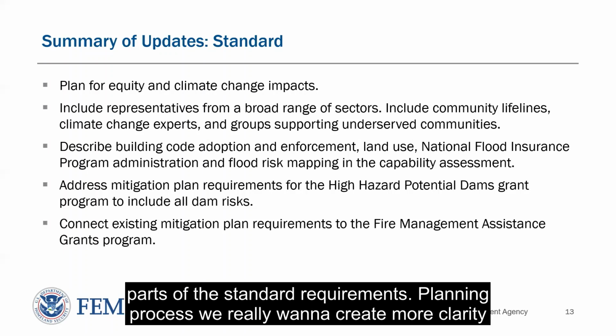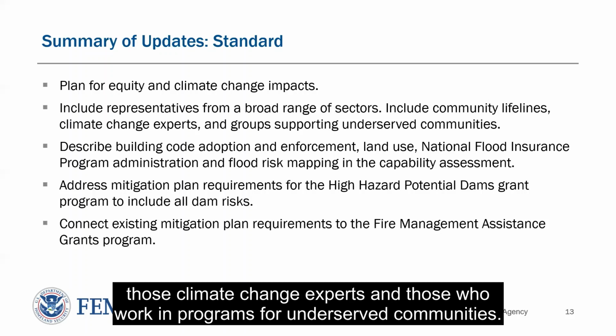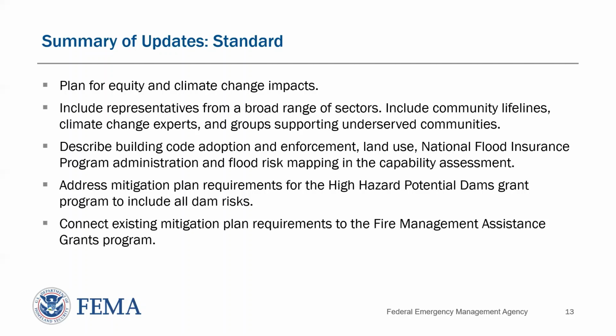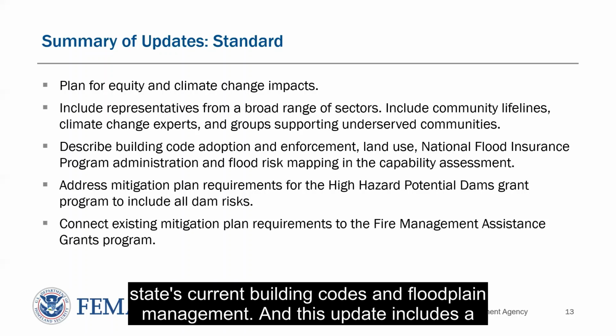For the planning process, we really want to create more clarity about what types of representatives need to be included, such as those climate change experts and those who work in programs for underserved communities. The capability assessment calls out some specific areas to describe, including the state's current building codes and floodplain management.